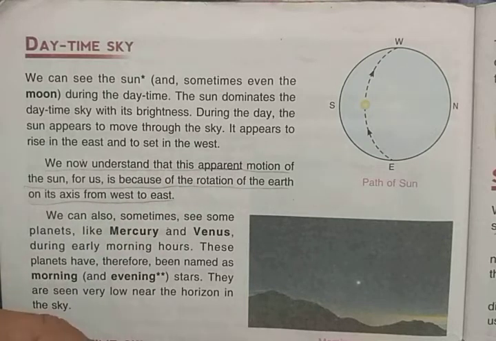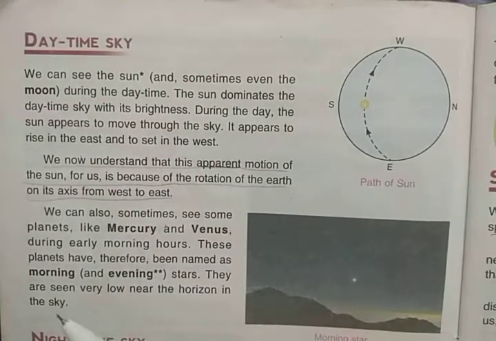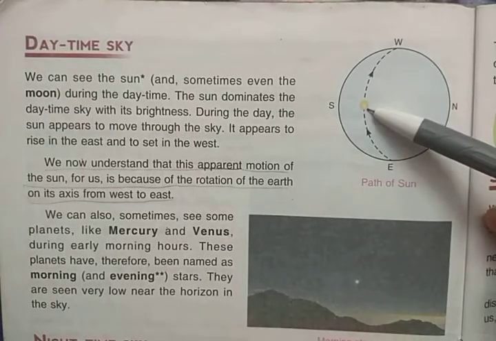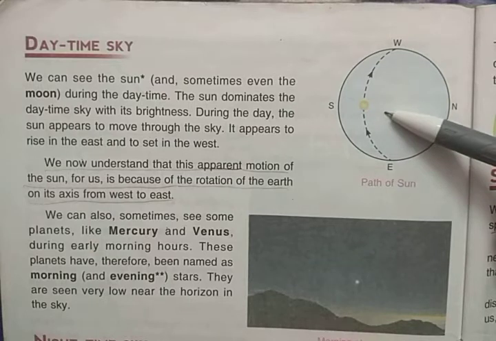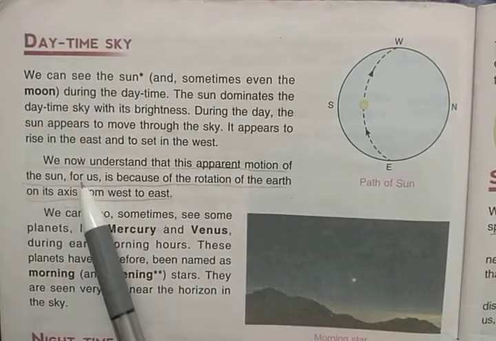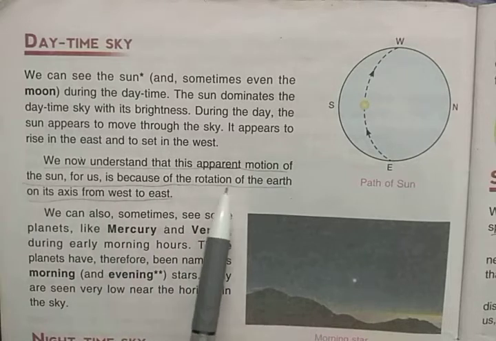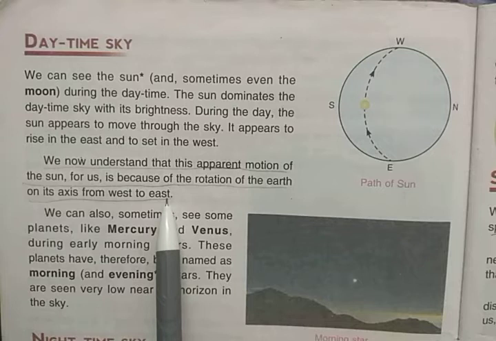But actually the sun does not move. The thing that moves is the Earth. So this apparent motion of the sun for us is because of the rotation of the Earth on its axis from west to east. Very important point.